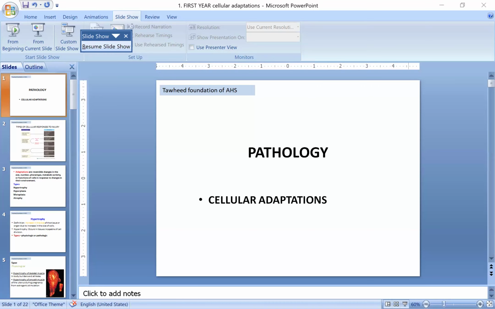That time, the cell will have a reversible injury, depending upon the severity of the injury.